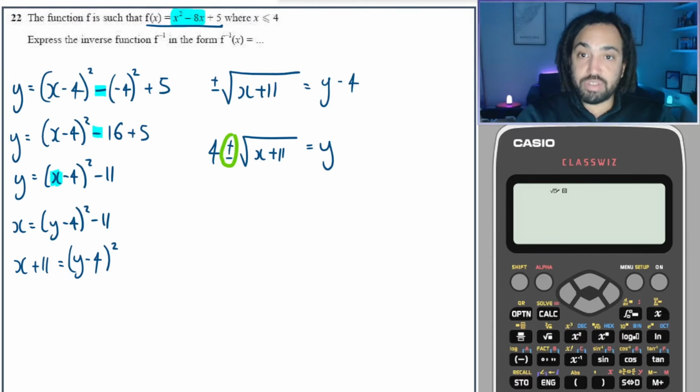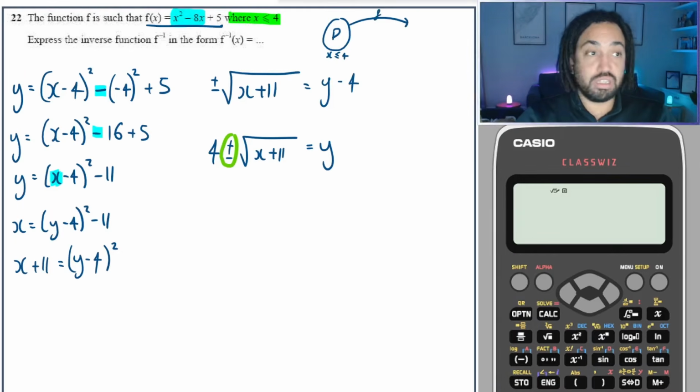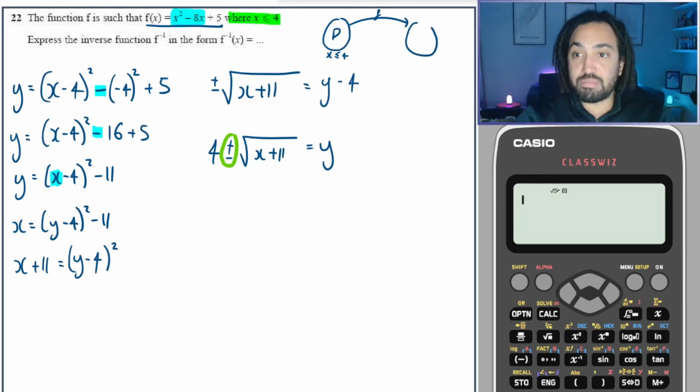The domain of the original function is that x has to be less than or equal to 4. So that means that all of the starting values, we call it the domain, has to be less than or equal to 4. And then these pass through the function, and they give us a set of outputs, which we call the range. And then the inverse function goes back the other way.